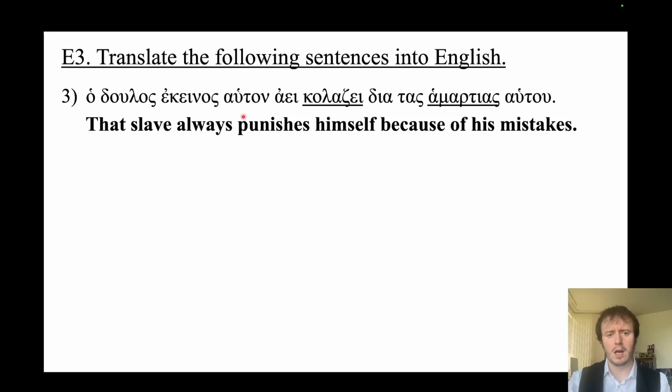Okay? And he's in the accusative there because he's punishing himself. And then we have ἑαυτου, meaning of himself, also referring back to the slave, describing whose mistakes he's punishing himself on account of or because of, namely his own. You could have said his own mistakes if you wanted to be specific, but here, saying his mistakes, I think most people would think you're referring to the slave's mistakes as opposed to another guy's mistakes.